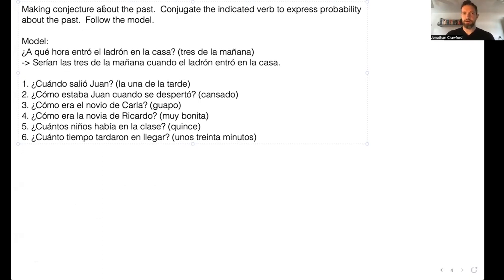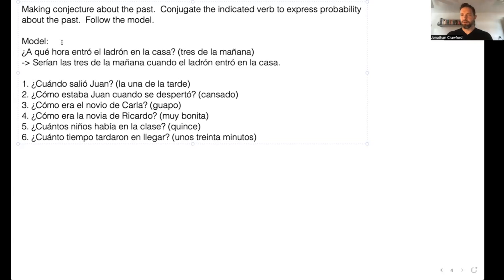Making conjecture about the past. Conjugate the indicated verb to express probability about the past. Follow the model. ¿A qué hora entró el ladrón en la casa? At what hour entered the thief in the house?